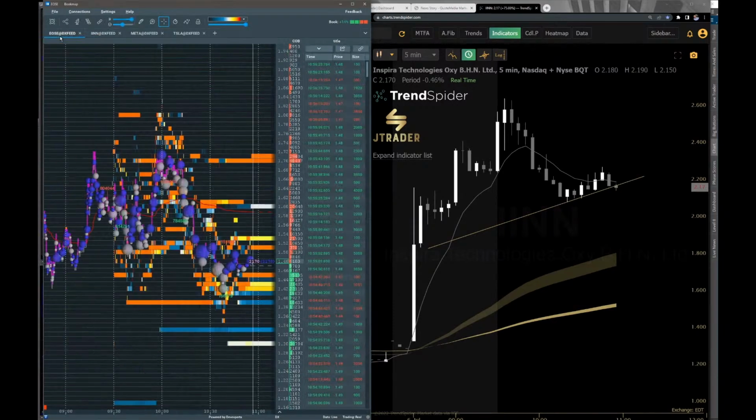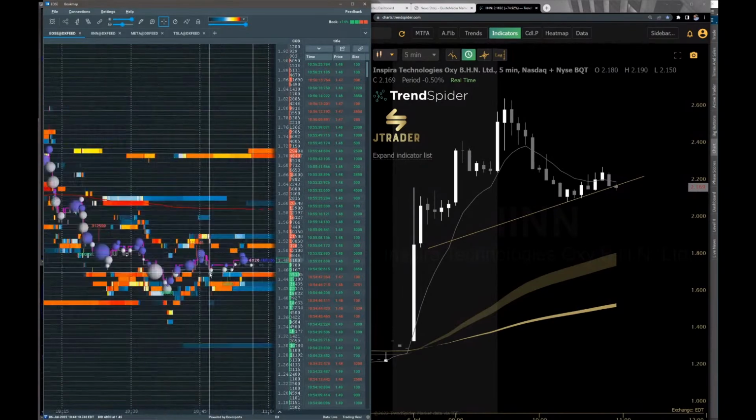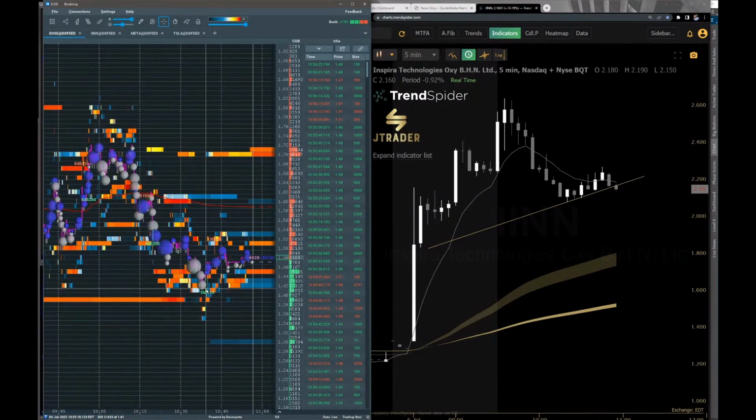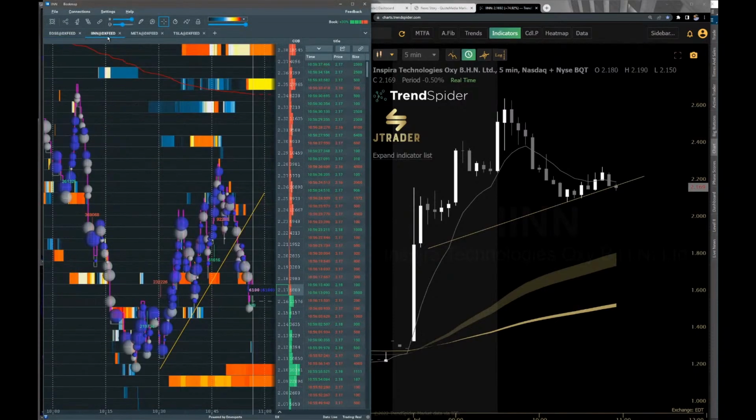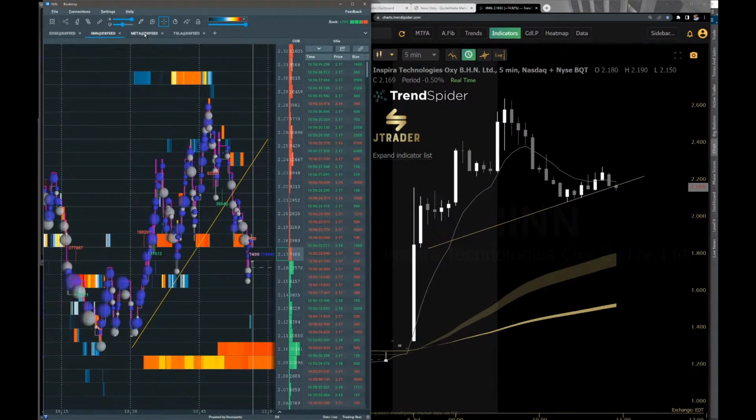Go back over here to EOC. So some support on 140. We have the target at 130 and lower. INN, let's wait for a second.